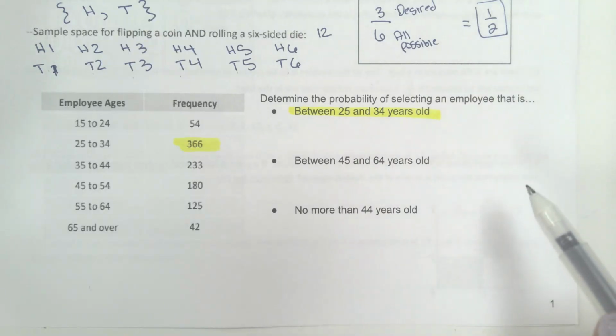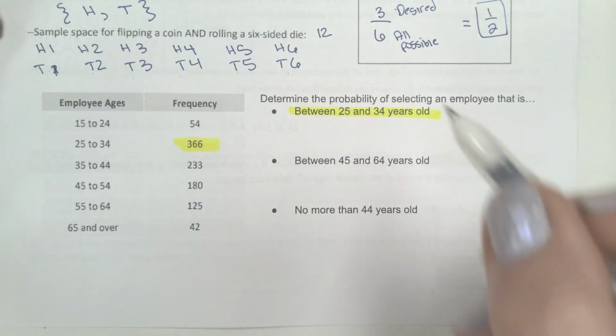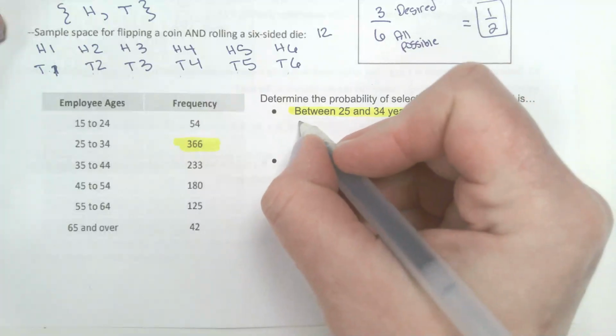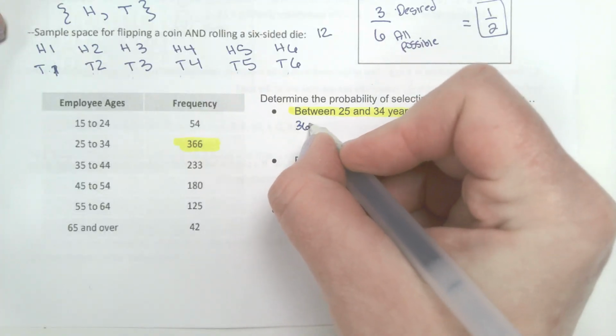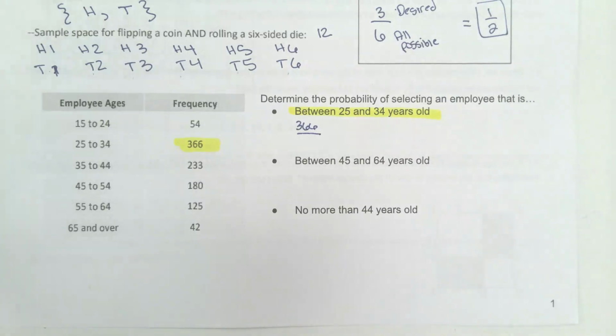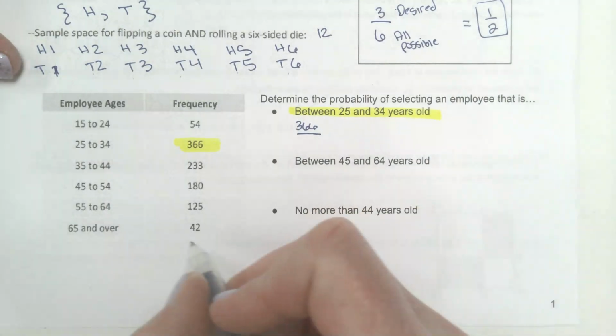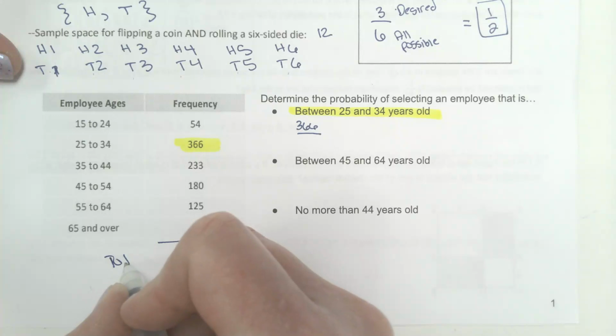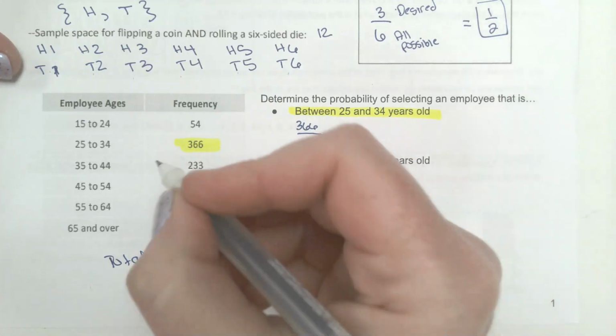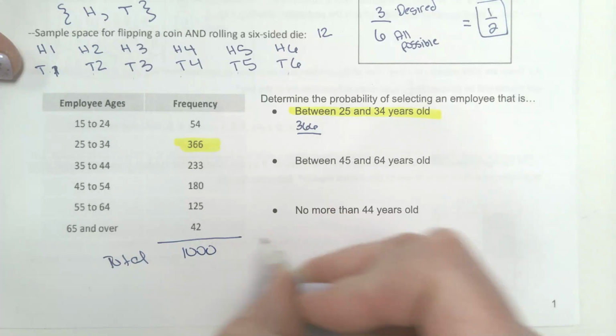So that is my numerator. That is my desired. I want 366 out of, but what is my denominator going to be? You got to add them all up. I'm going to speed this along today, and I'm going to tell you it's 1,000.